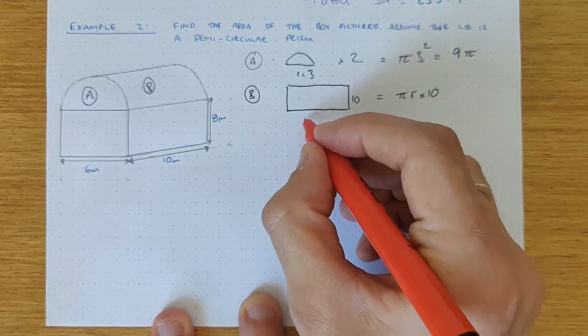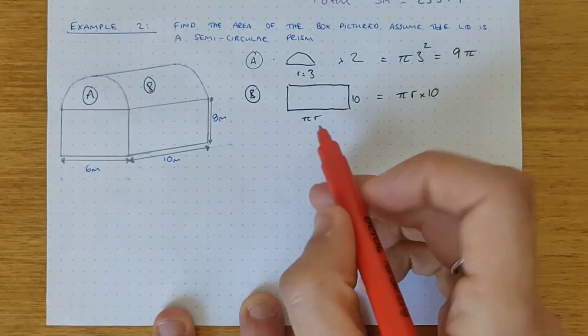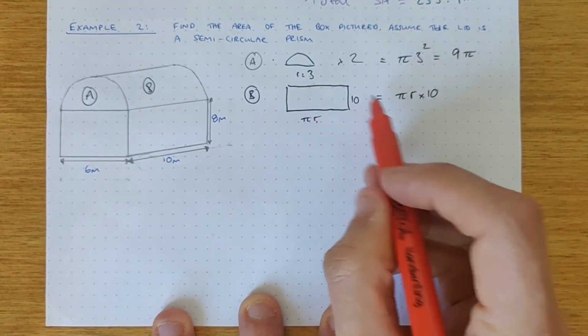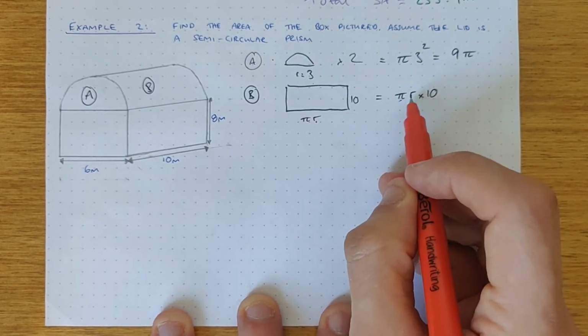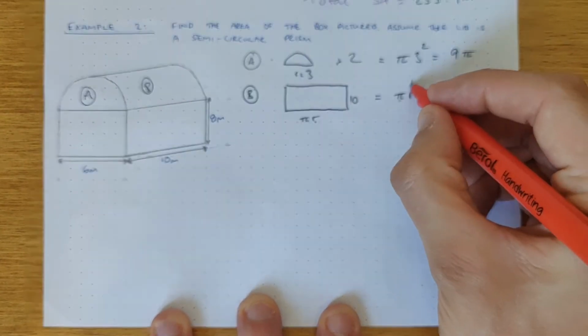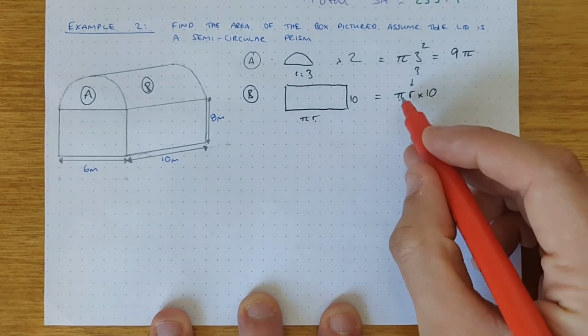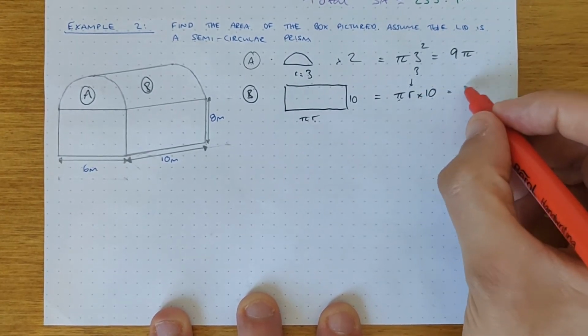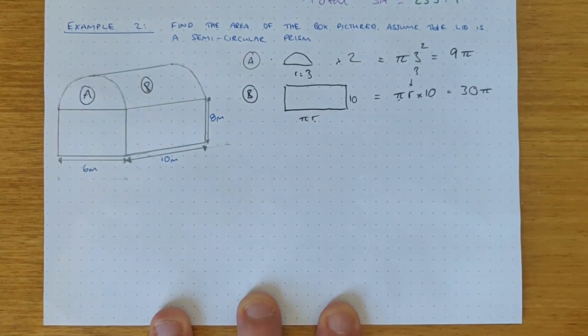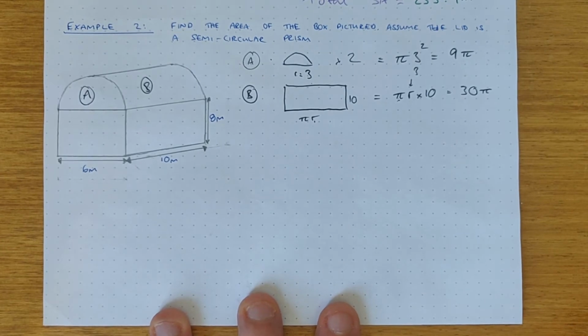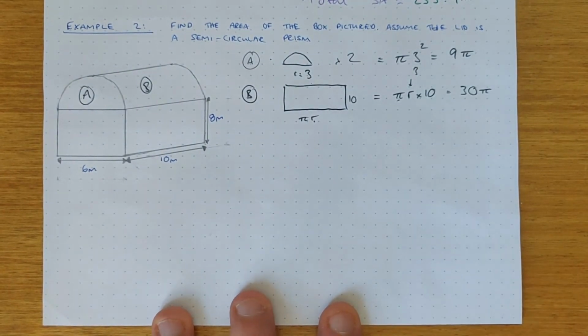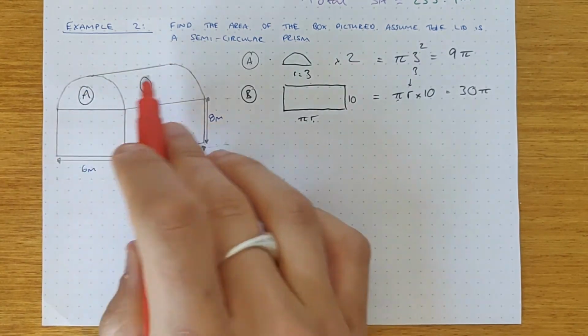Okay, so this length is pi r. Now I know the radius, I've said it's 3, so this is pi times 3 times 10, which is 30 pi.